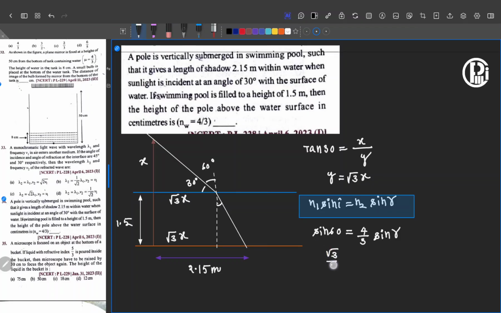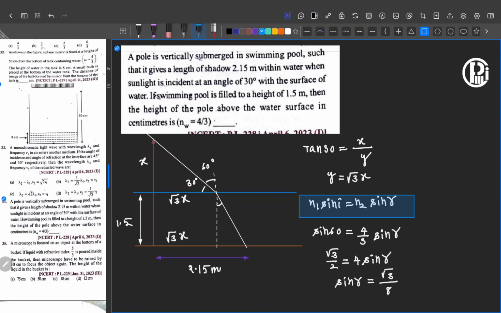So root 3 by 2 will be equal to 4 by 3 into sin r. Therefore sin r is equal to root 3 by 8. Clear? Sin r is equal to root 3 by 8.